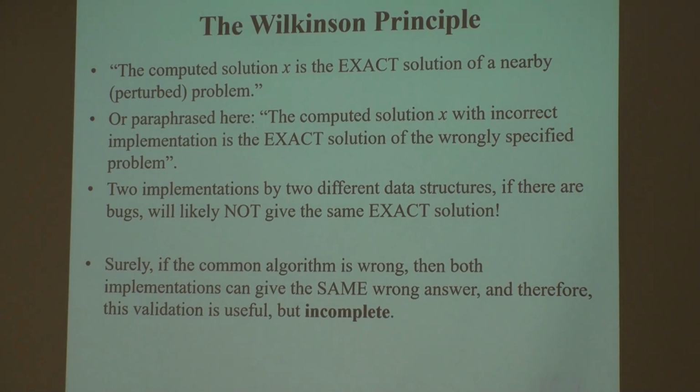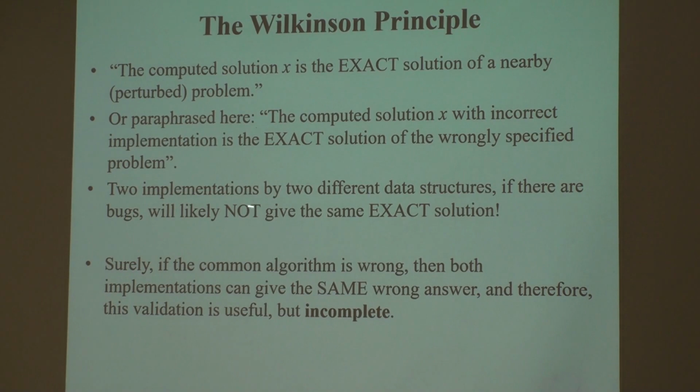So maybe the parameter you gave doesn't have sufficient precision, but what you computed is the exact solution of what you gave. For sure. Why is this a principle? But this is important.